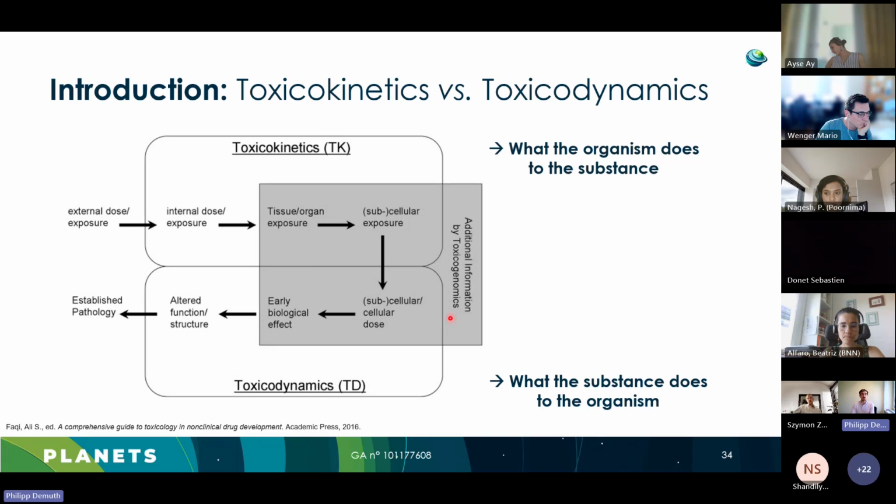With this information, we can decide if a potential compound that might cause hazard in an in vitro setting, for example, is also of relevance for organism level effects, so if an external exposure can also induce, for example, cellular or subcellular changes in the organism.